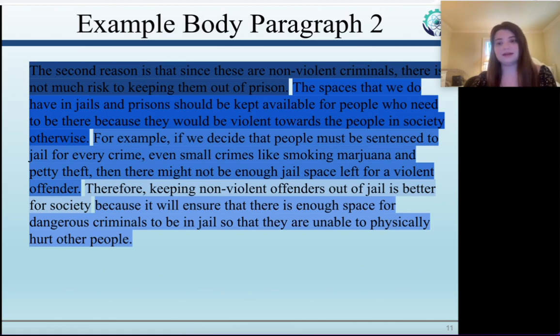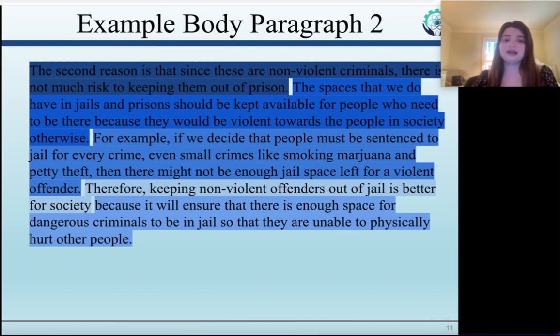I mean, you could argue that smoking marijuana is bad or petty theft is bad, totally fine, but those aren't going to affect society as badly as violent offenders, right? So we gave an example of how it could be harmful if we put people in jail for petty crimes.